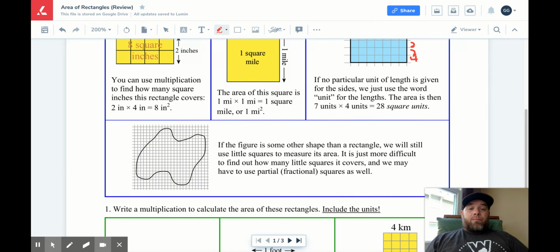If the figure is some other shape than a rectangle, we will still use the little squares to measure its area. It is more difficult to find out how many little squares it covers, and we may have to use partial or fractional squares as well. So we're not going to do a ton of these, but if you had something like this, you would make little squares.